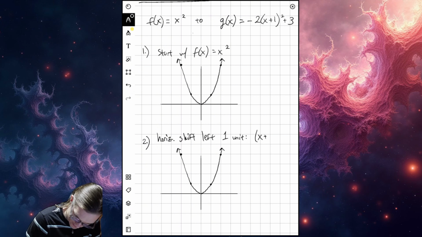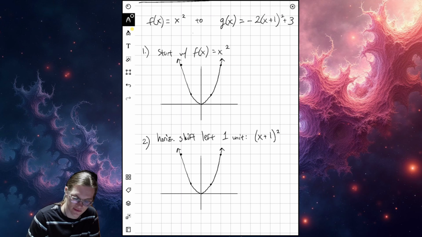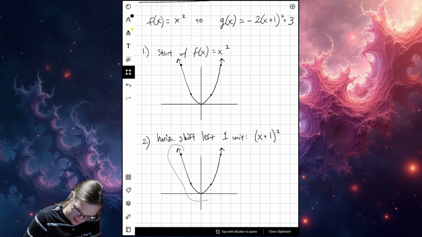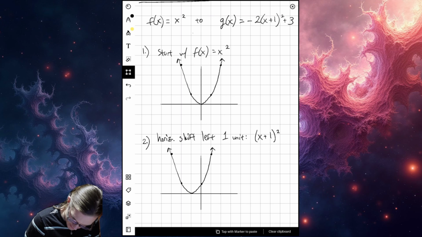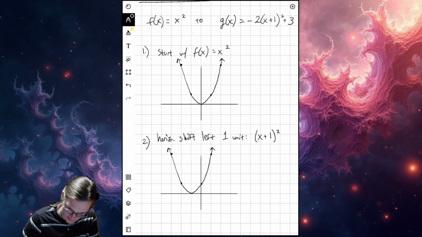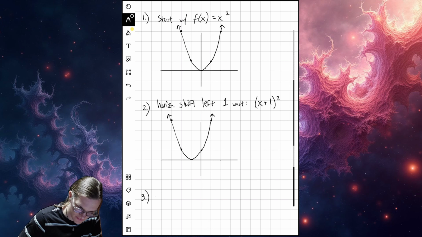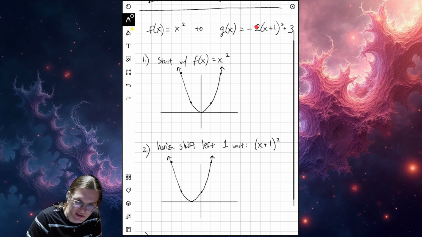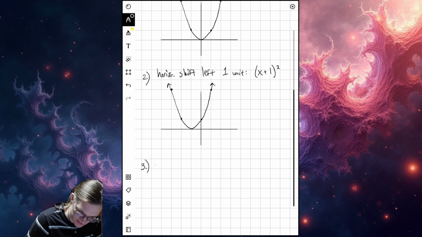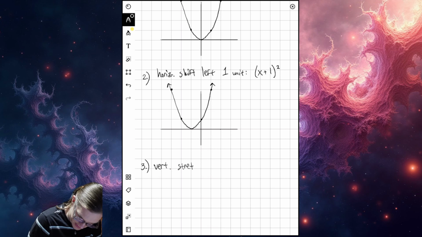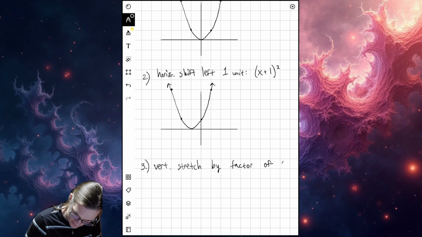And so the function will now be this. Okay, I'm going to shift it. Luckily, I do not have to redraw it. Next step will be vertical stretch, this 2 now that's occurring on the function. So vertical stretch by a factor of 2. Not going to deal with the minus yet. I'm just going to do it one step at a time.